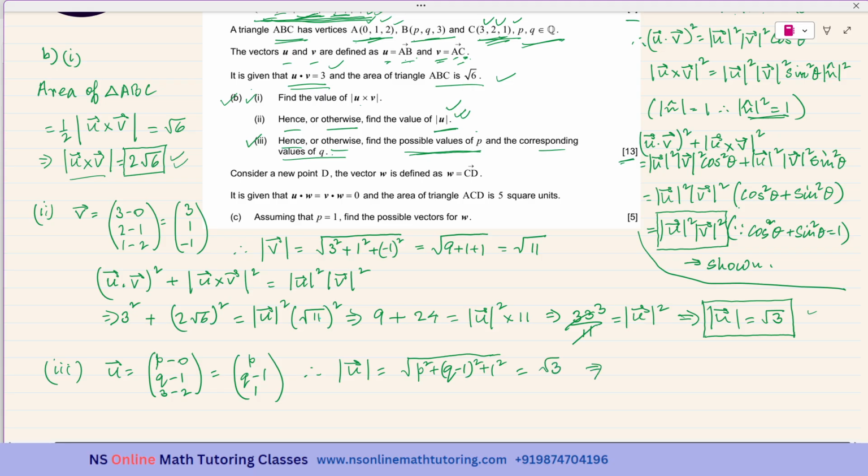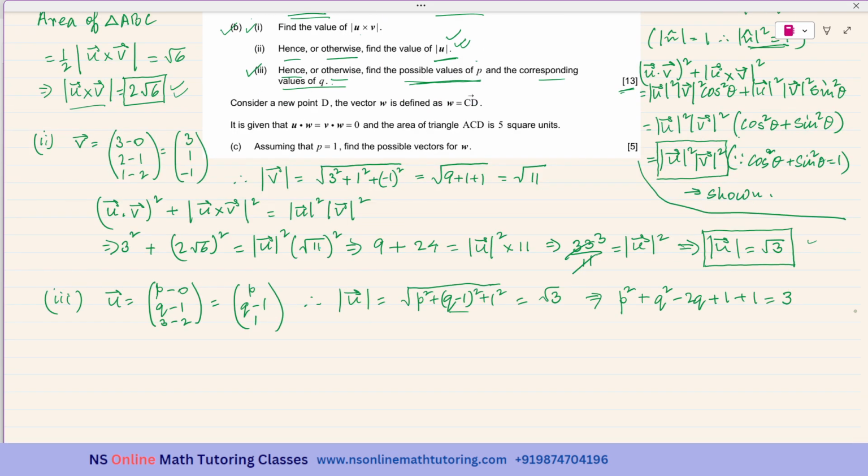Squaring both the sides and expanding, I get p square plus q square minus 2q plus 1 is equal to 3. So this is p square plus q square minus 2q, and 1 minus 3 gives minus 2, so I can write this as p square plus q square minus 2q minus 1 is equal to 0.